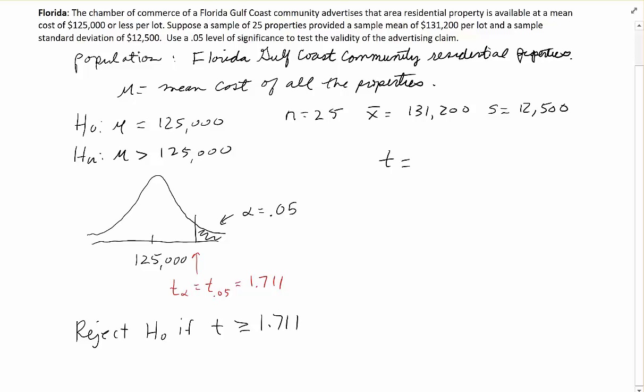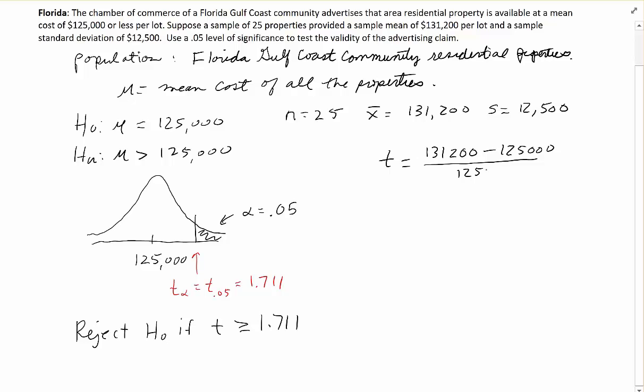The T value is going to be my test statistic, and that is going to determine how far away the 131,200 sample mean is from the claimed 125,000 in standard deviation units.